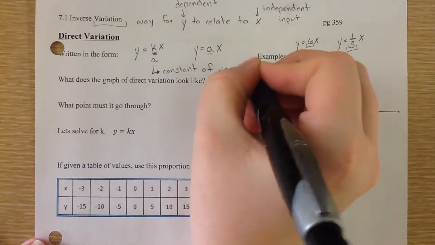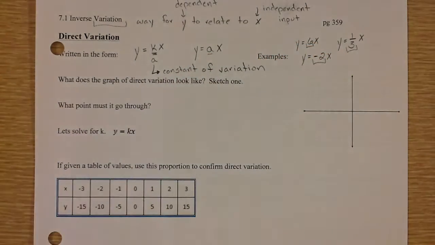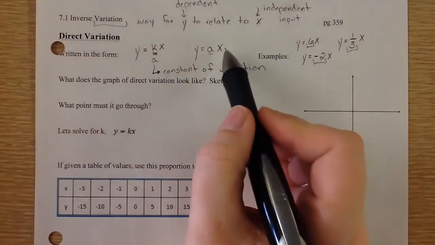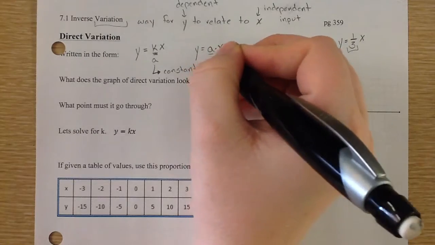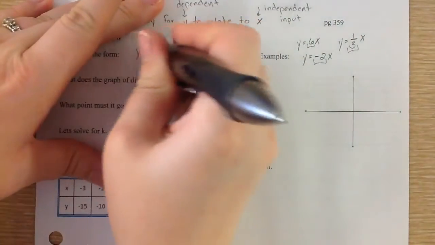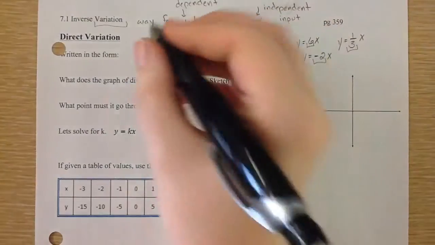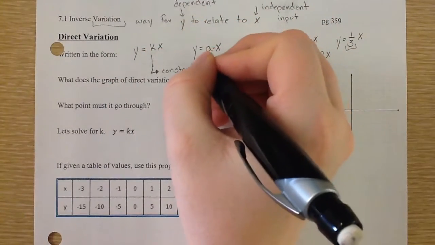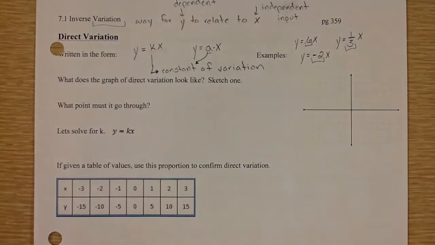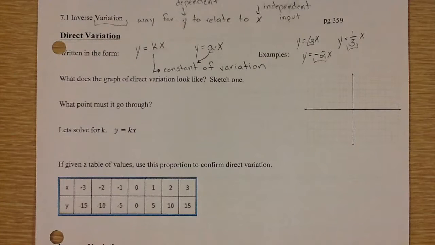So basically you take x times the same number all the time to get to y. Some textbooks use k, some textbooks use a. Really, it's just some number times x that gives you your y.